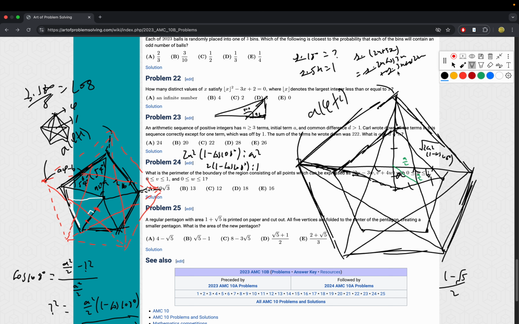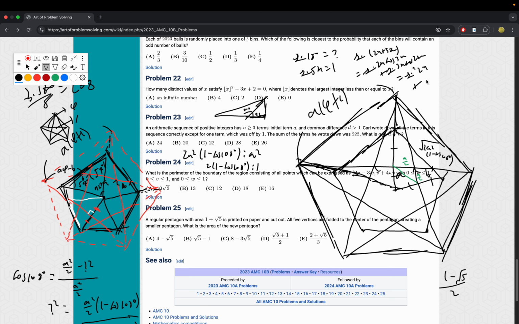And then these two are the same, right? Because we have sine 2x squared.